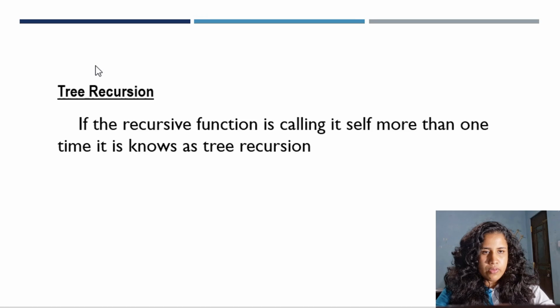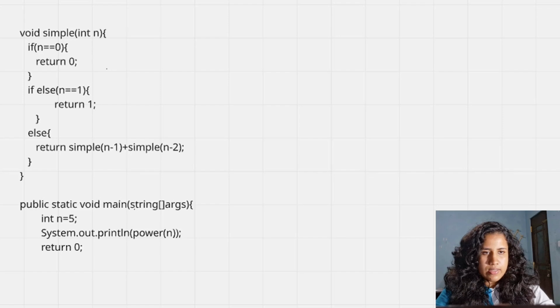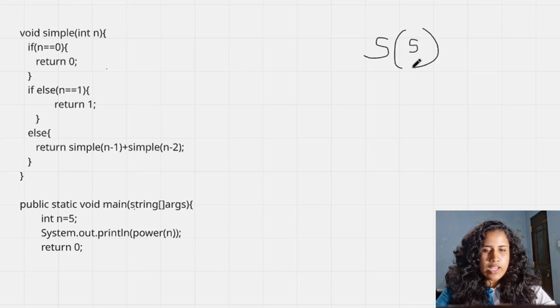So S of 4 is S of n minus 1 plus S of n minus 2, which means S3 plus S2. So now first S of n minus 1 has to be executed.